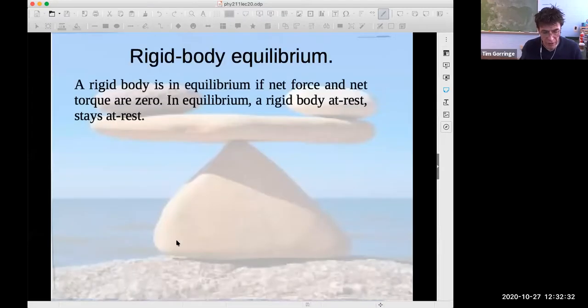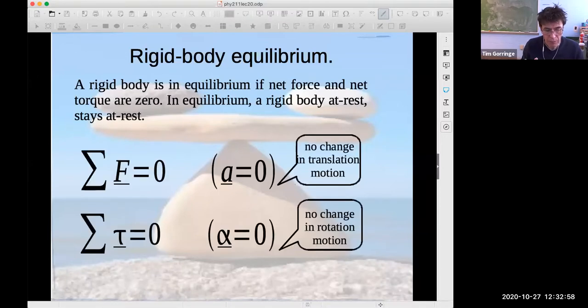Okay, so this slide and the next slide is just a quick reminder of the equilibrium and non-equilibrium of rigid bodies. Just as a reminder, if a rigid body is in equilibrium, that means that the net force, the total force, and the net torque, total torque on the rigid body add up to zero. And if that's the case, then the body won't accelerate and it won't have angular acceleration.